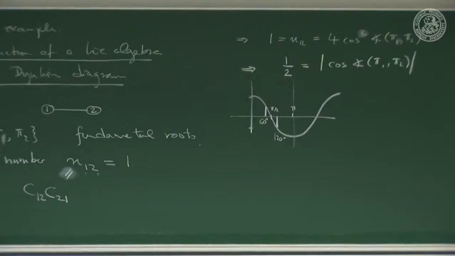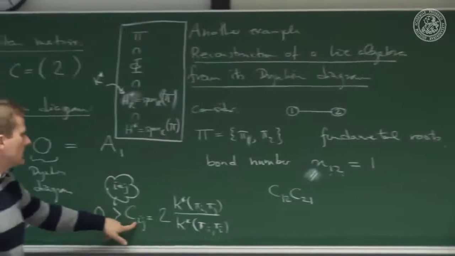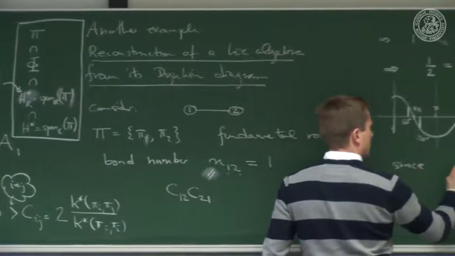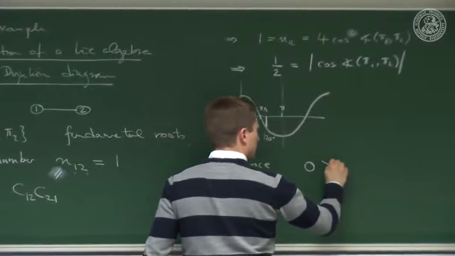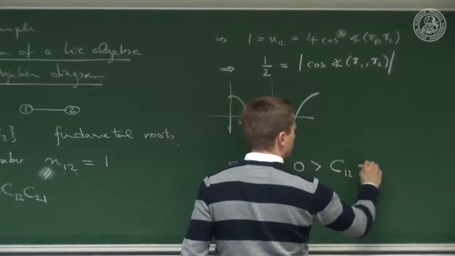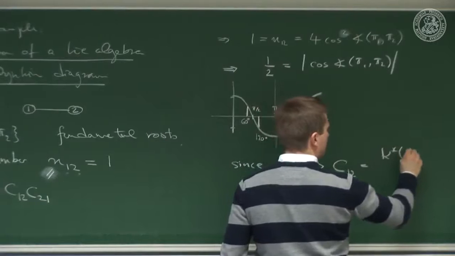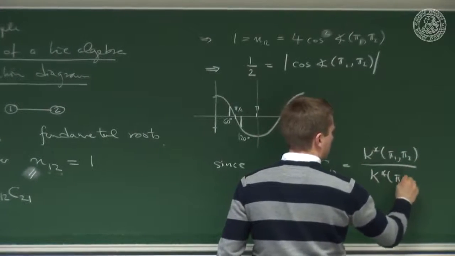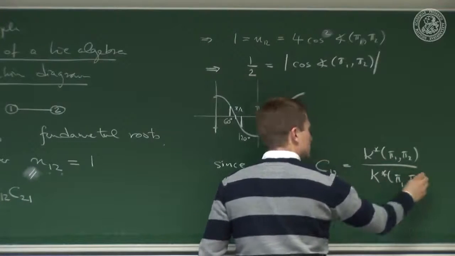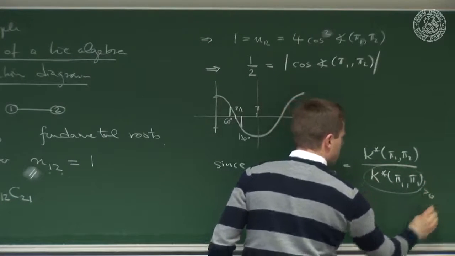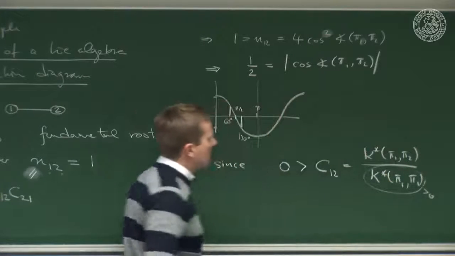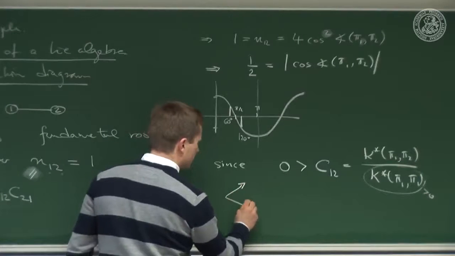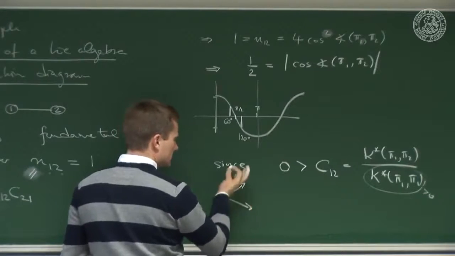But now you see, we need to go back to the Cartan matrix, since 0 is greater than C12, and C12 is K star of pi1 with pi2 over K star of pi1 with pi1, which is positive. We saw this is positive. That means that the K star between pi1, pi2 is negative, so the situation is not 60 degrees, where the projection is positive.